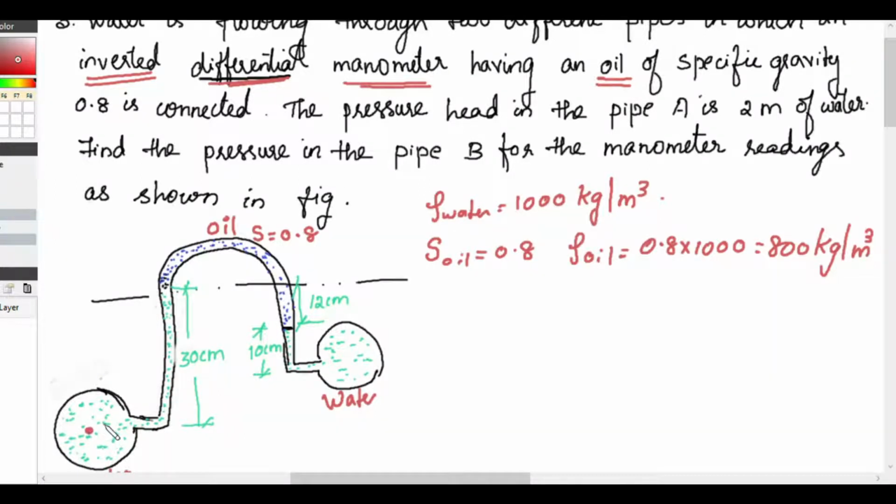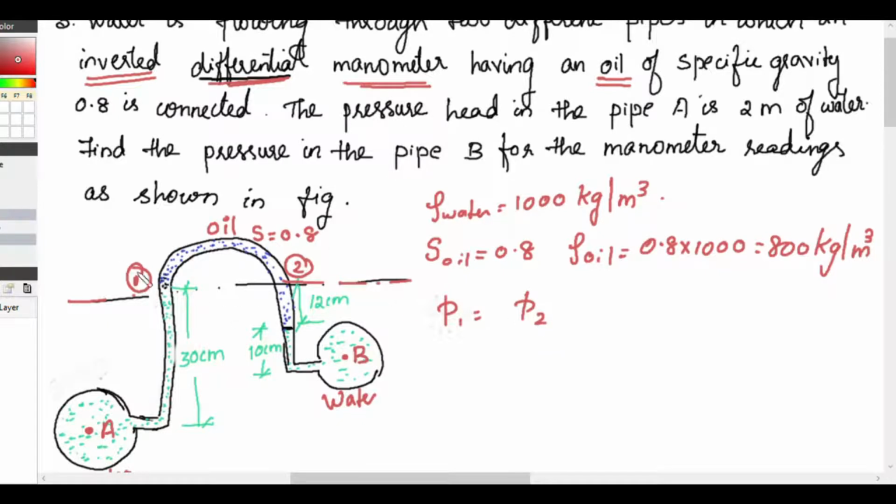This point can be taken as A, this point can be taken as B. Now, this point we will take as the datum. This point we will take as 1, this point we will take as 2, so that the pressure at 1 will be equal to the pressure at 2.